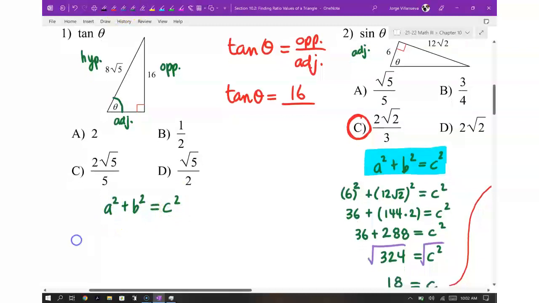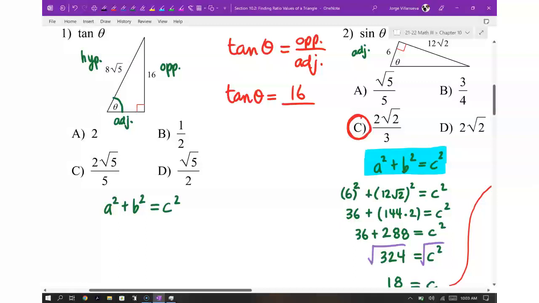Now this time I am not solving for C. Remember, C is the hypotenuse. I needed to solve for the hypotenuse in the previous problem. That's why I solved for C. In this one, I have to solve for either A or B. It doesn't matter what you want to label it. I usually let A be my unknown, just because it's easier that way. But you can make it B. It doesn't matter. But we do know our hypotenuse. Our hypotenuse is 8 radical 5, so that I know what to put for C.